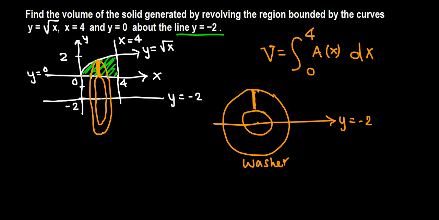So we need the outer radius, uppercase R, and the inner radius, lowercase r, from the axis of rotation to the inner curve and the axis of rotation to the outer curve. What is r and what is R? Let's go back to the original question.